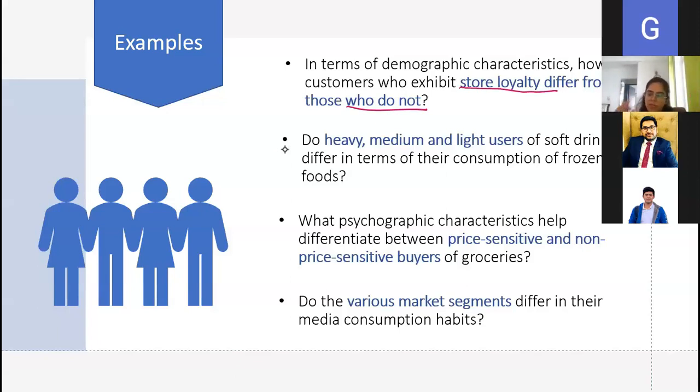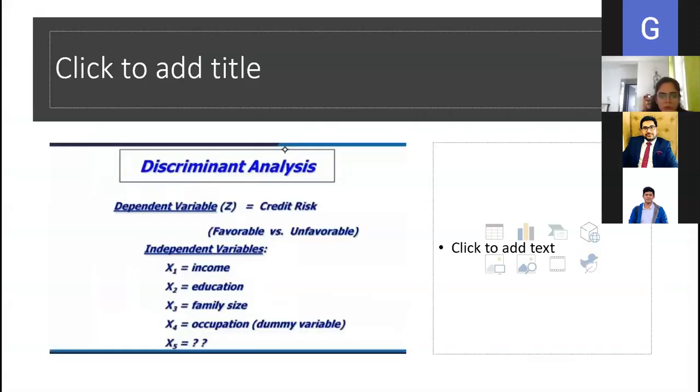Do the various segments differ in their media consumption habits? So these are some examples. Like I said, the dependent variable is credit risk, and independent variables can be income, education, family size kitni hai, occupation kya hai, all these things.